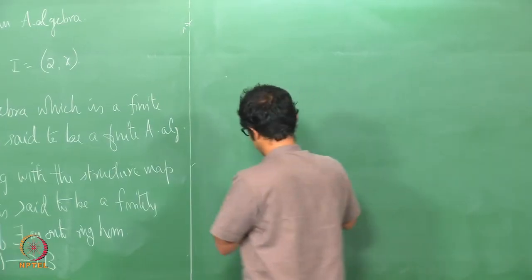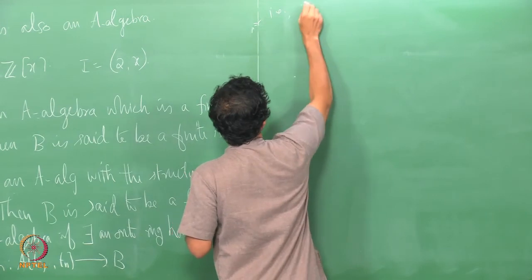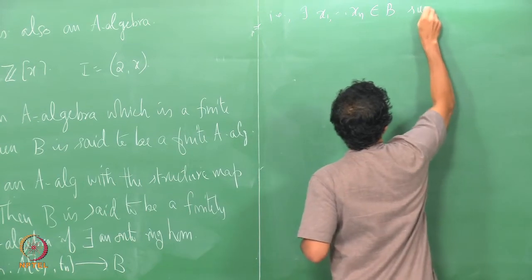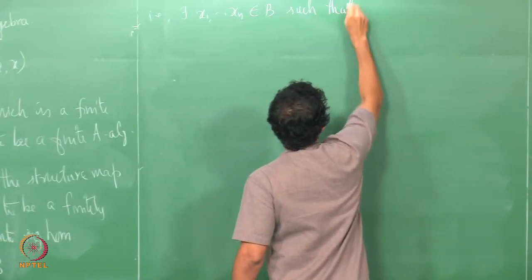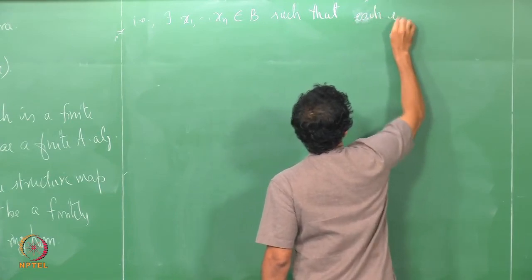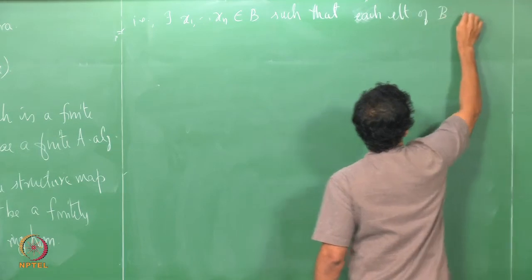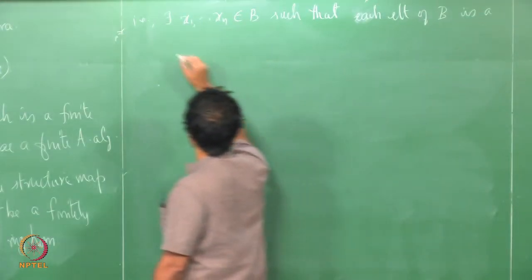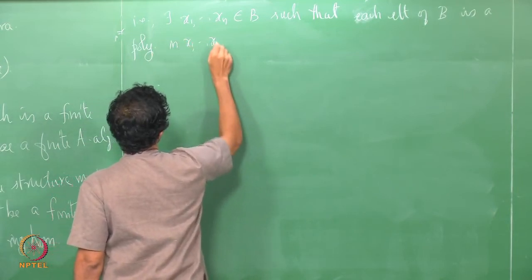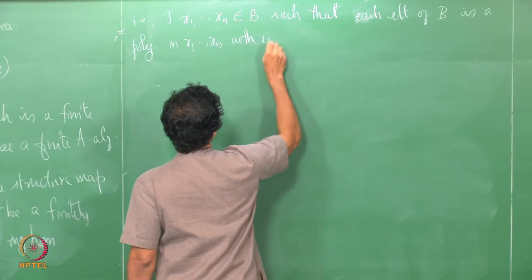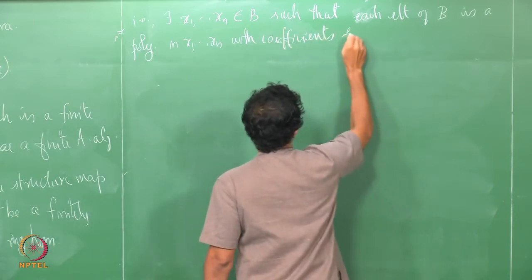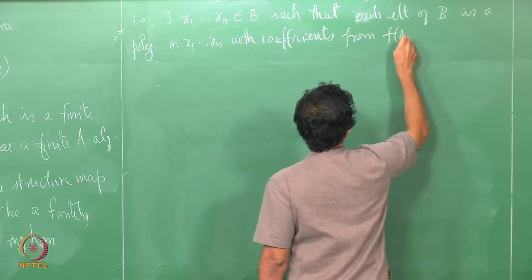Let me write down, that is, there exists x1 up to xn in B such that each element of B is a polynomial in x1 up to xn with coefficients from f(A).